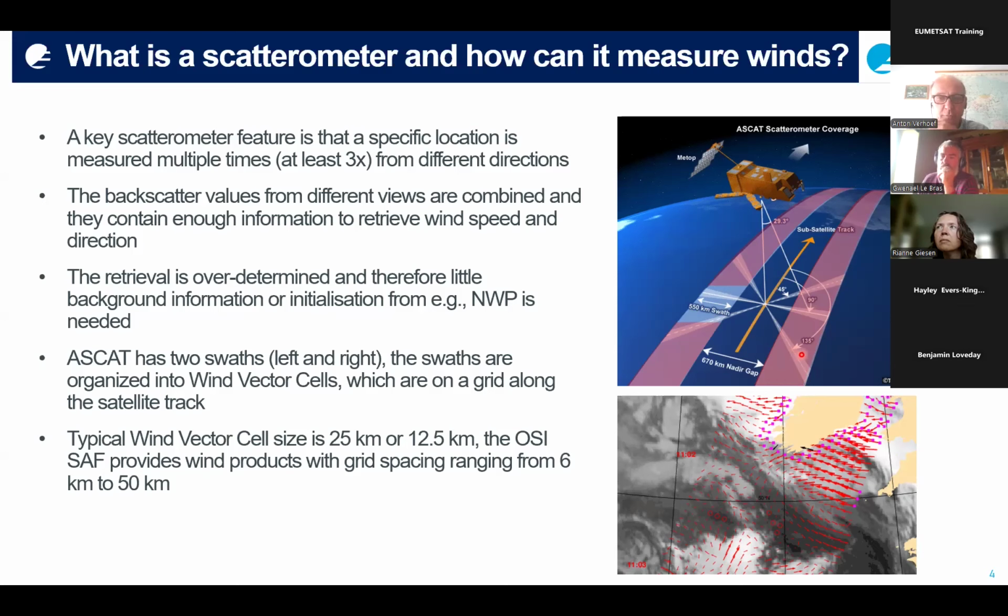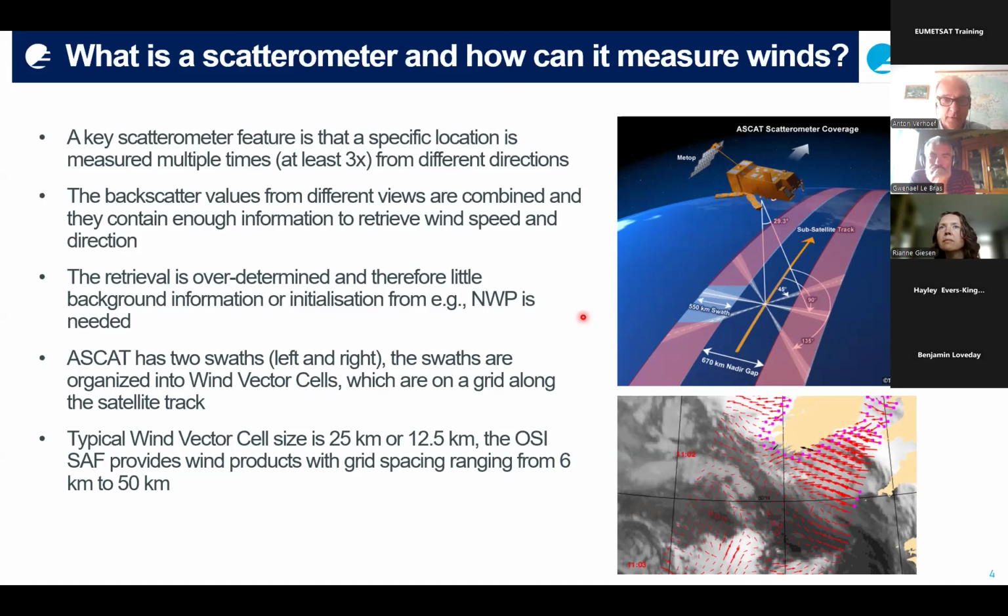So we get three observations from three different directions, and if we combine all these views, we get enough information to retrieve the wind speed and the wind direction. So we have three observations, and we only need two parameters: the wind speed and the wind direction. So the retrieval is overdetermined, and that means that we need little or no background information to retrieve the wind.